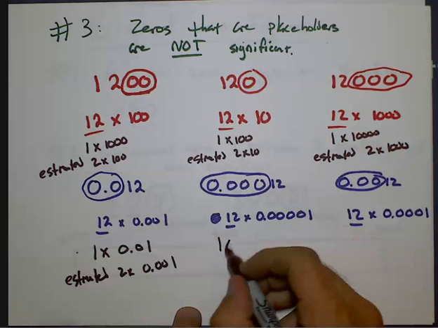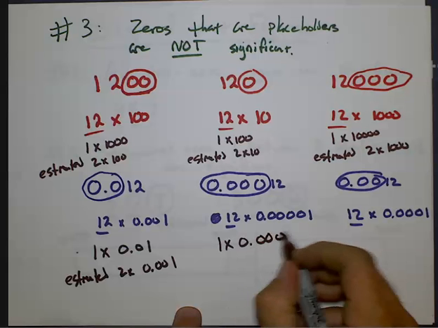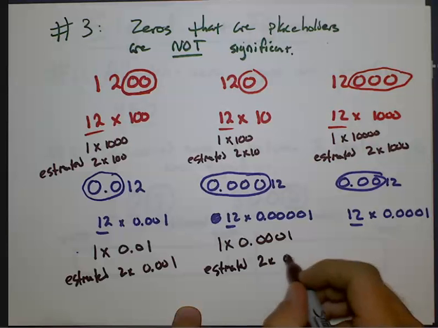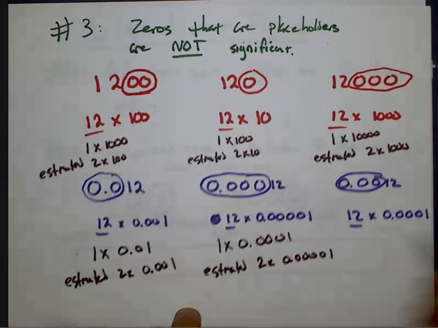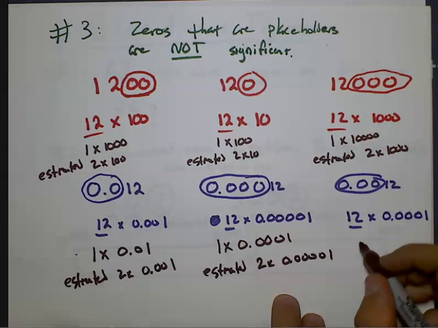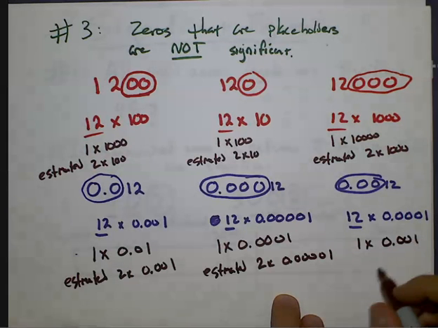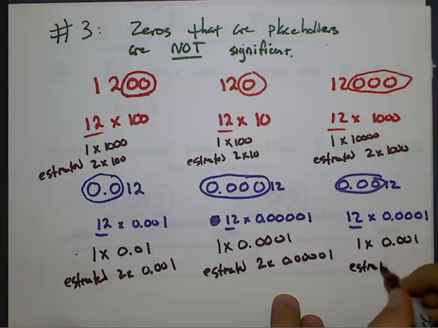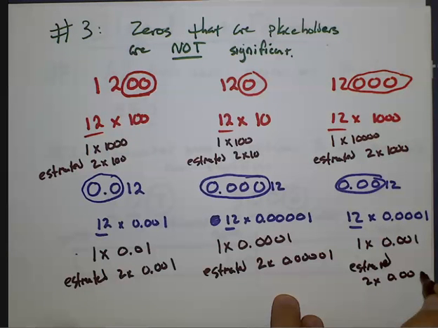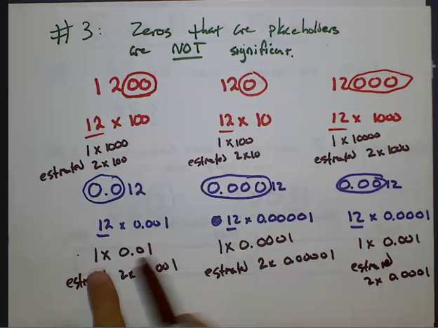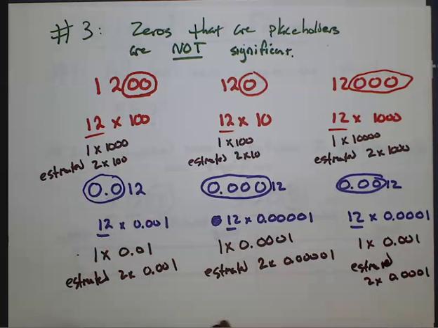Here we've measured 1 0.0001, and we've estimated 2 0.00001. Okay? Here we've measured 1 0.001, and we've estimated 2 times 0.0001.